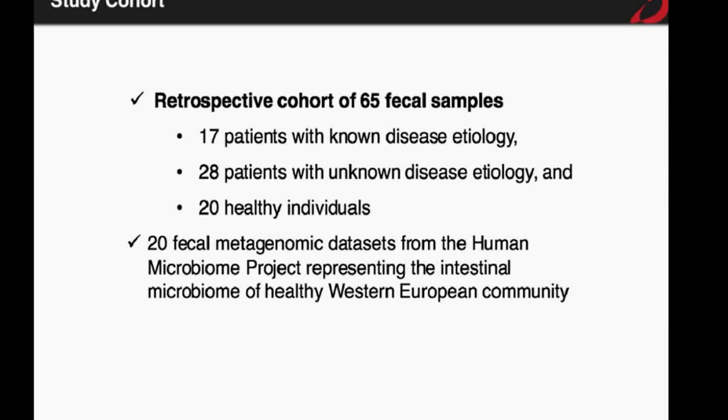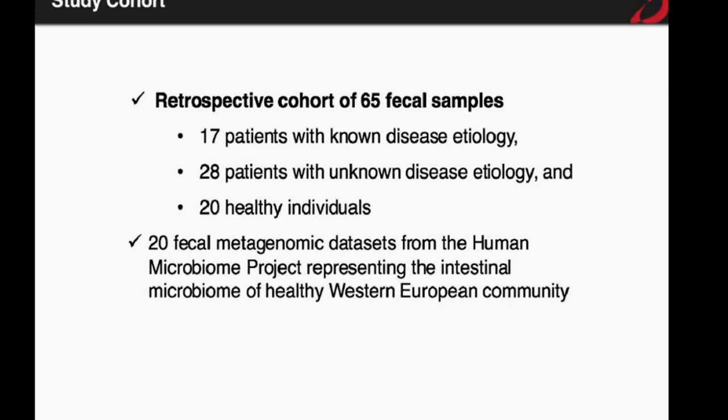And then the other thing we did was to download from the NIH Human Microbiome Project the healthy Western gut flora samples so that we can compare them with the healthy Indian population gut flora.